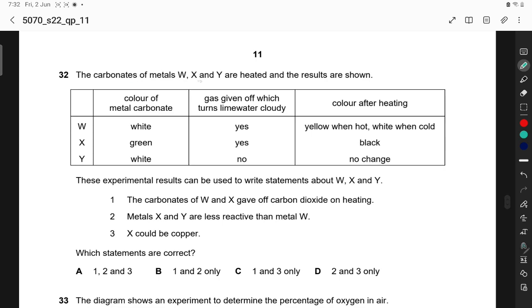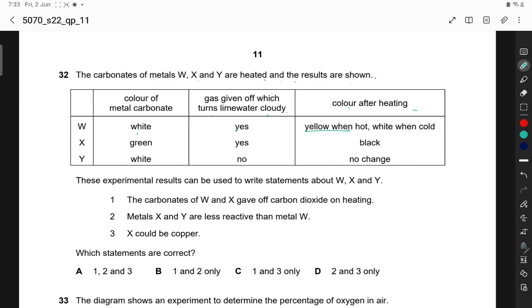Question number 32. The carbonates of metals W, X and Y are heated and the results are shown. Color of the metal carbonate, gas given off that turns lime water cloudy, color after heating. White, yes, turns lime water milky.